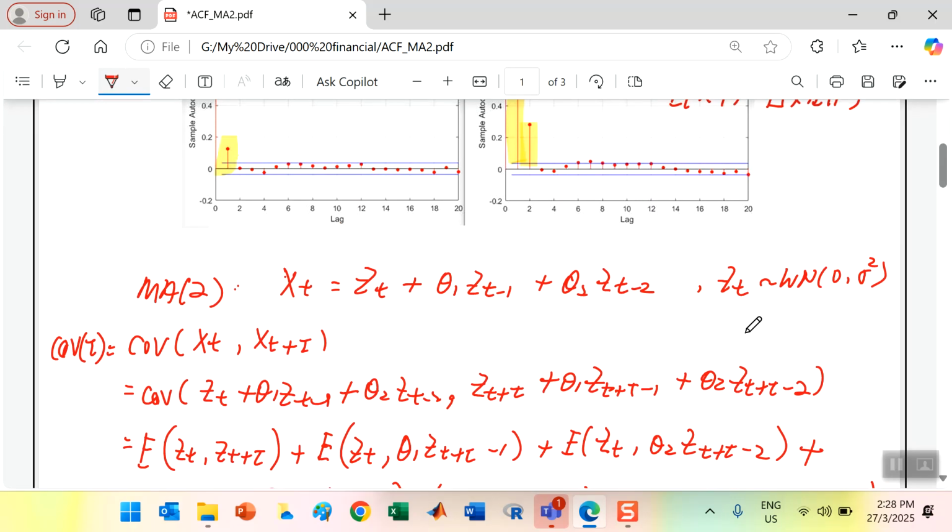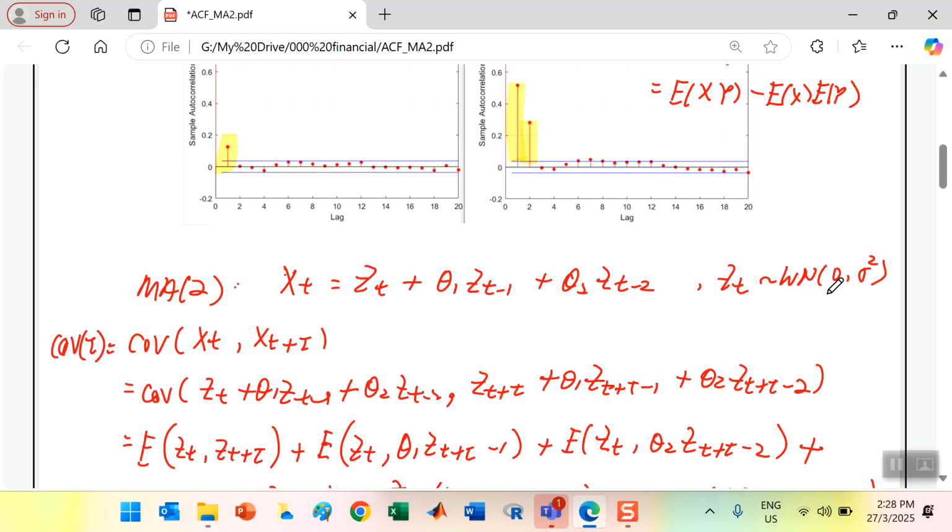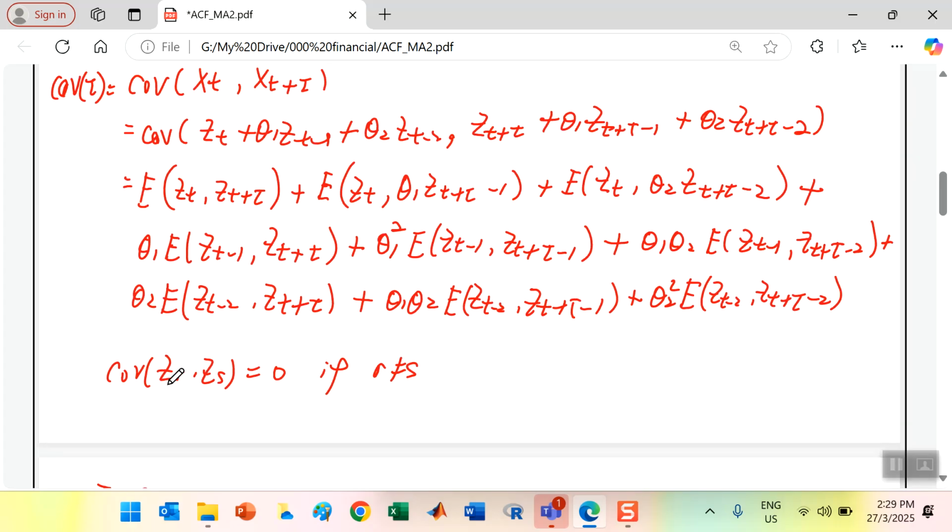Because the z value is a random process with mean 0 and variance sigma squared. Therefore there will be no correlation between zr and zs unless they have the same index.